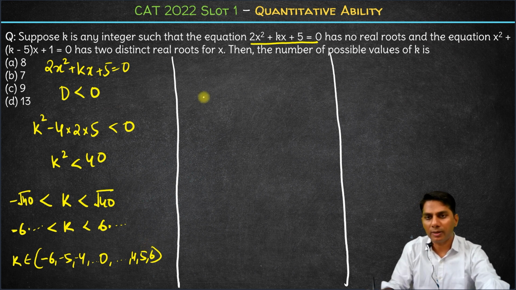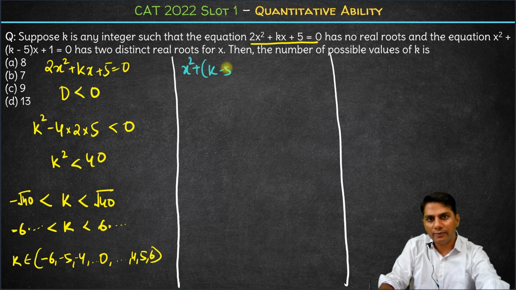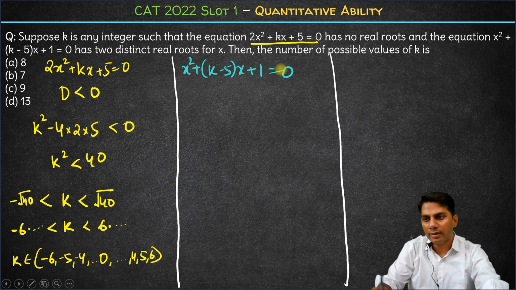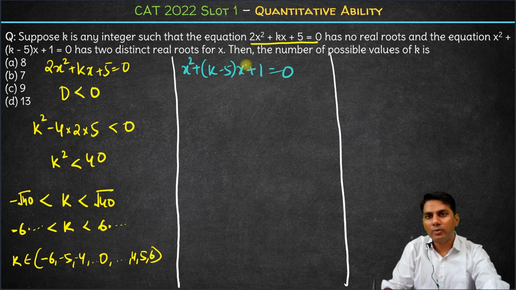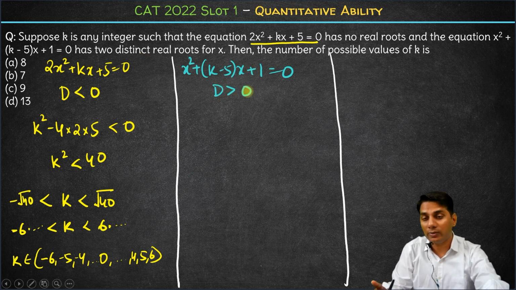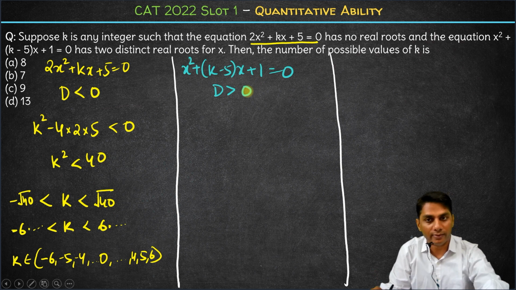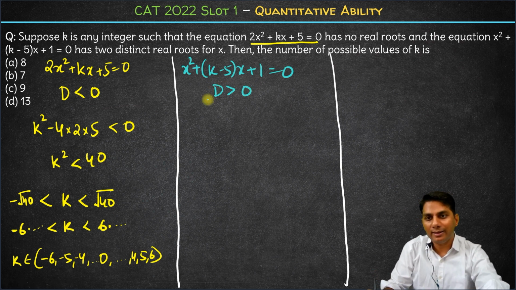Fine. Now coming to the next quadratic, x square plus (k minus 5) into x plus 1 is equal to 0. Now for this quadratic to have distinct real roots, D should be strictly greater than 0, not equal to 0. So if D is greater than 0, that means b square, which is (k minus 5) whole square, minus 4 into a, which is 1, into c, which is 1, is greater than 0.